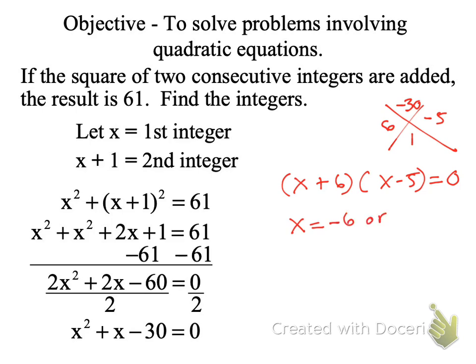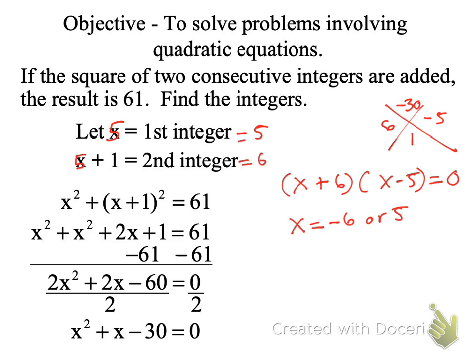Negative 6 or positive 5. Now, if x is 5, the next one will be 6. So if it's 5, it's going to be 6.